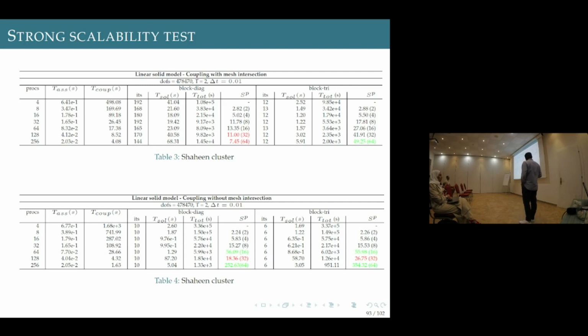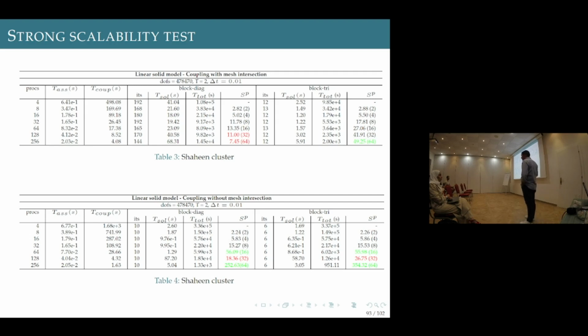Okay, we look at the speedup. Speedup means the factor: if you double, for example, the number of processors, you should have half of the time for getting the solution.